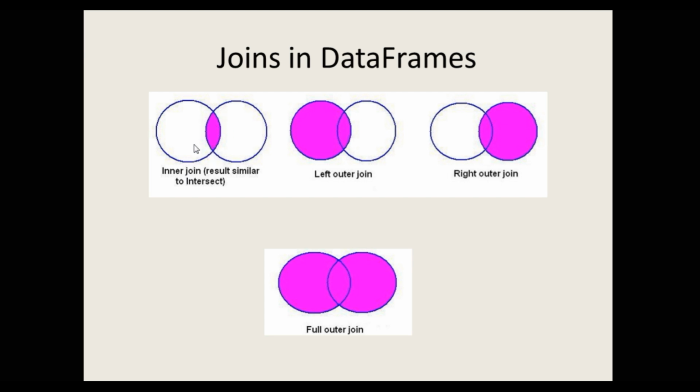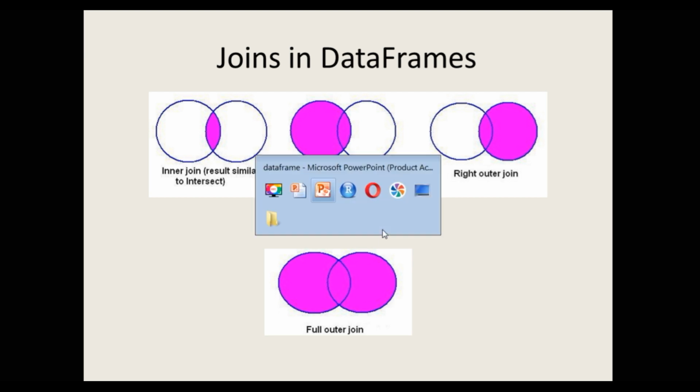So the intersection is basically the inner join. This is the left outer join, which means the intersection plus left, and the right outer join is the intersection plus right, and then the full outer join means the intersection plus the left tuples plus the right tuples. So what does it mean basically?